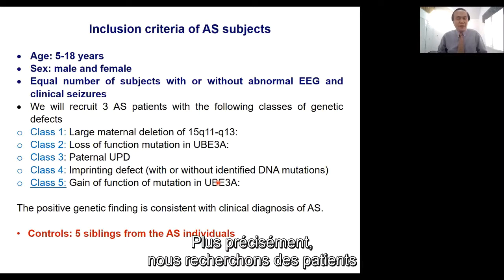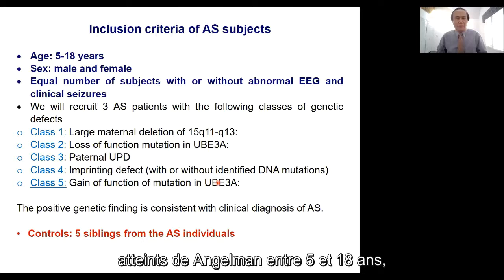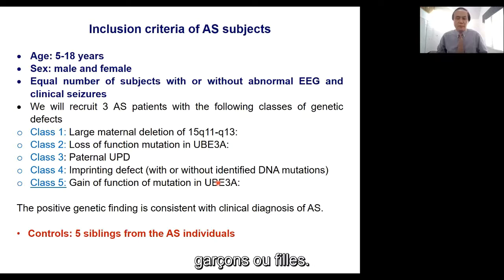Specifically, right now we're looking for Angelman patients with age of 5 to 18 years old, both boys and girls. We roughly want to select subjects with seizures and subjects with no seizures, roughly equal.